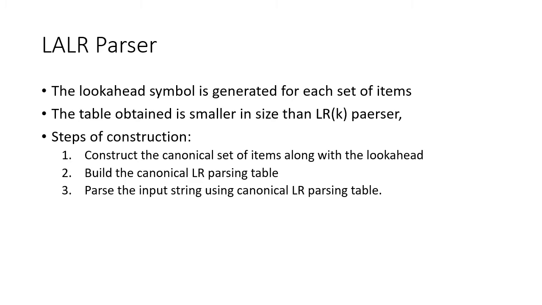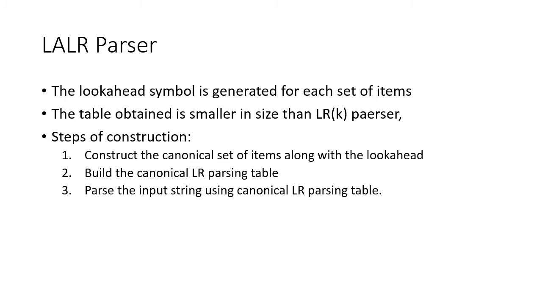Let's look at the last type of parser, which is also called the LALR parser. Now the LALR parser has a lookahead symbol which is generated for each set of items.